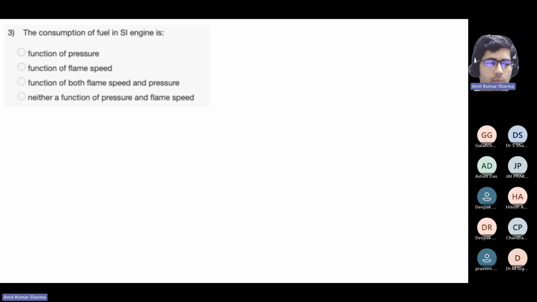Okay. So now let's discuss this question, because we have multiple opinions on it. Let's start from the base. What do you mean by the consumption of fuel in an SI engine? First things first.